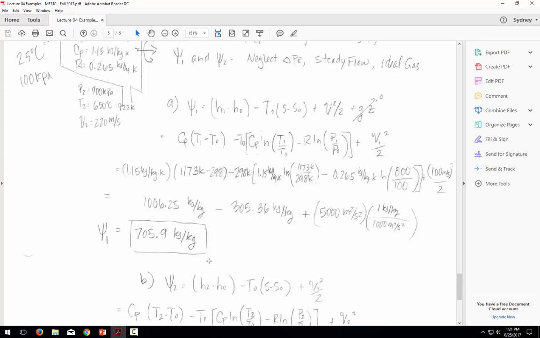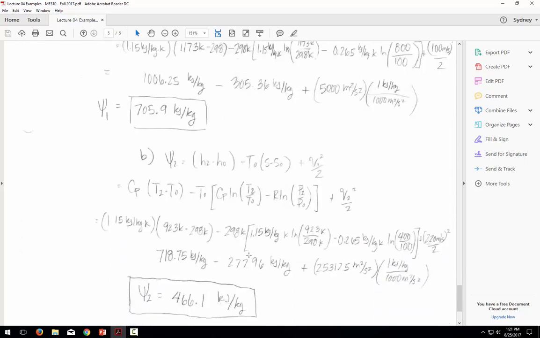kilojoules per kilogram. So part B, again, is a very similar analysis, where now we're looking at the enthalpy of the outlet as compared to the enthalpy of the dead state, or the state of the environment. We can plug all of these numbers in, again being careful that we distribute our T0 and that we convert the units properly.